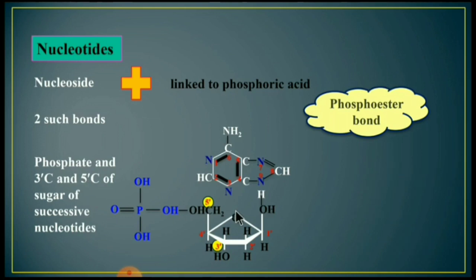Between these 2 nucleotides, one more bond formation takes place. That bond is also a phosphoester bond, between the phosphate and the 3 carbon and 5 carbon of sugar of successive nucleotides. So 2 phosphoester bond formations take place.